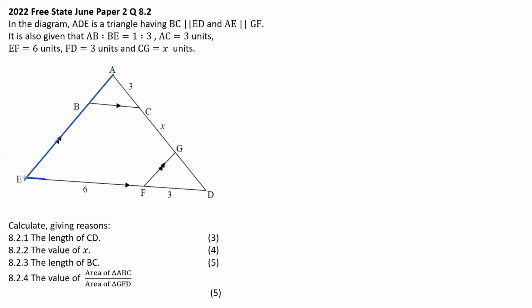I've got the big one, AED. Then I've got the small one, which is ABC. What am I looking for? BC.